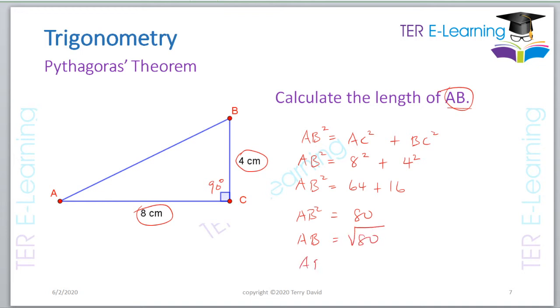If we work that out, we're going to get 8.94 centimeters. And this will be my length AB, which is my hypotenuse. That's what I'm trying to work out here.